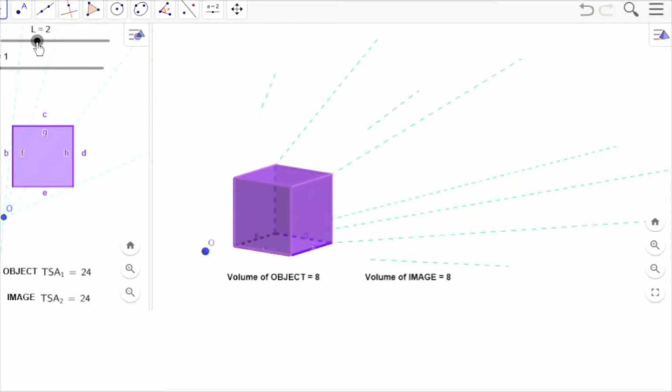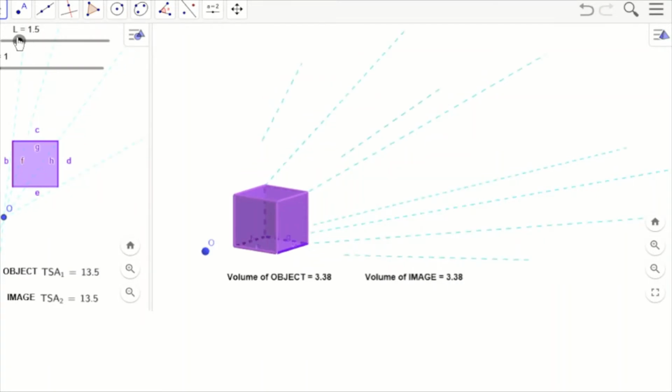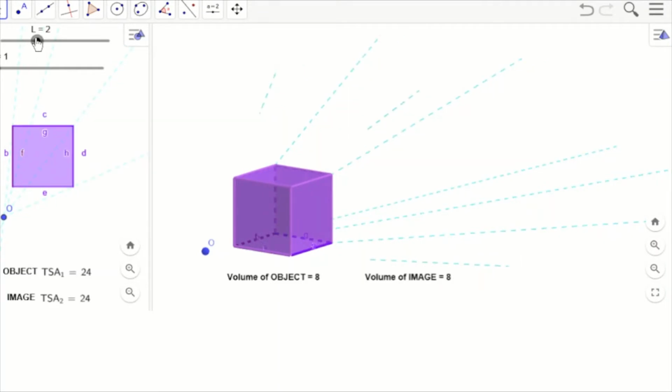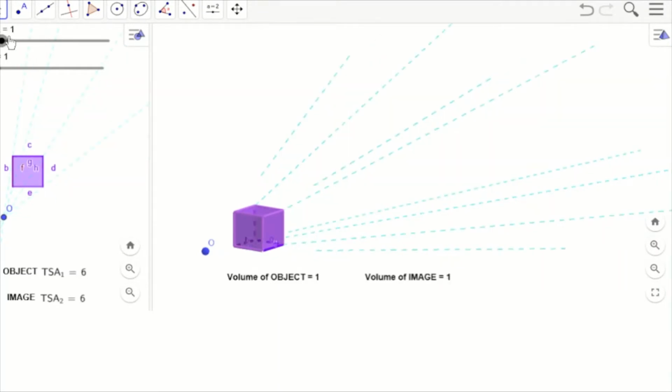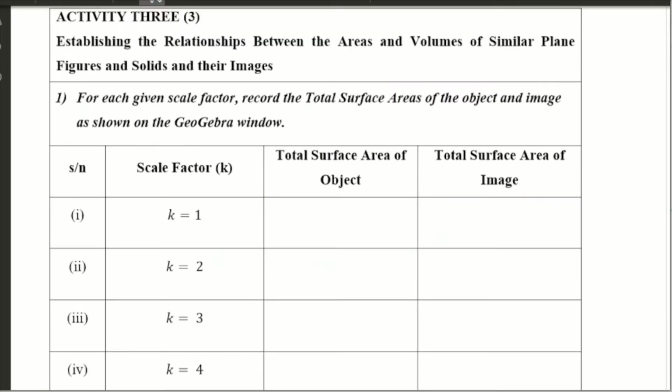Okay, so we can make a recording here. We can choose any length of object we want. So I can say that when the length is equal to 1 unit, the total surface area of the object is 6, and the total surface area of the image is also 6. So we can record that here.